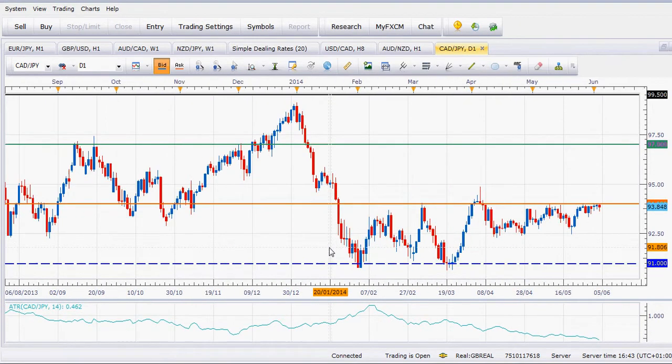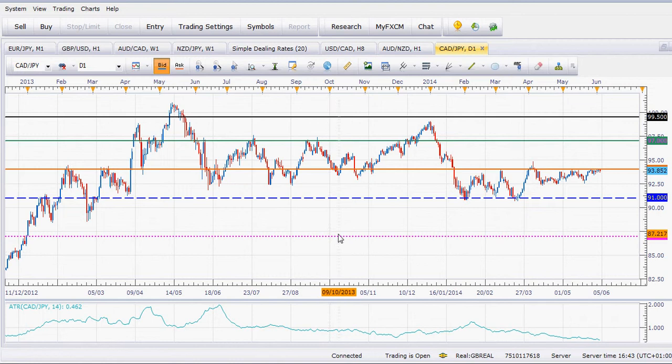I'm going to add an indicator. What sort of indicator? We're going to add the ATR, and we use the standard levels. So let's have a look at the daily chart for the ATR. Look at this level here, for example. We've got 184 pips per day.